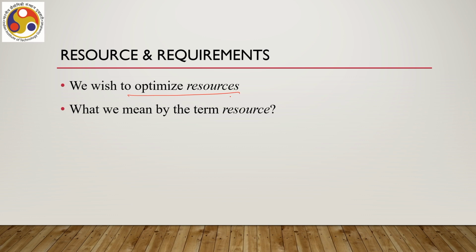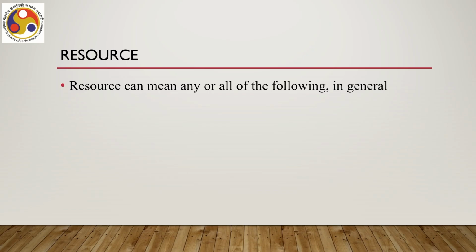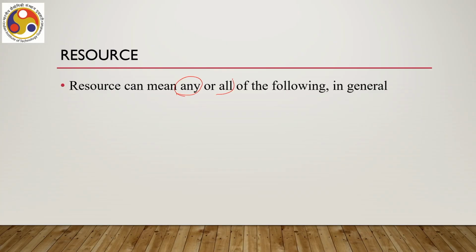Now, we wish to optimize resources, but when we use the term resources, what do we mean by it? What do we mean by the term resource in the context of extended reality in general and virtual reality in particular? Resource, in a very broad sense, can mean any or all of the following things, namely hardware. We can talk of hardware resources, software resources, these are quite obvious.